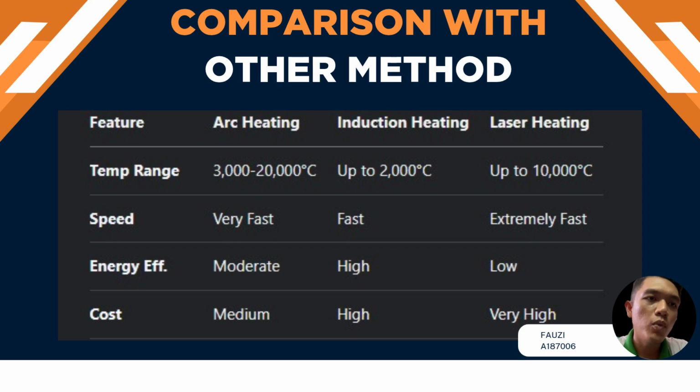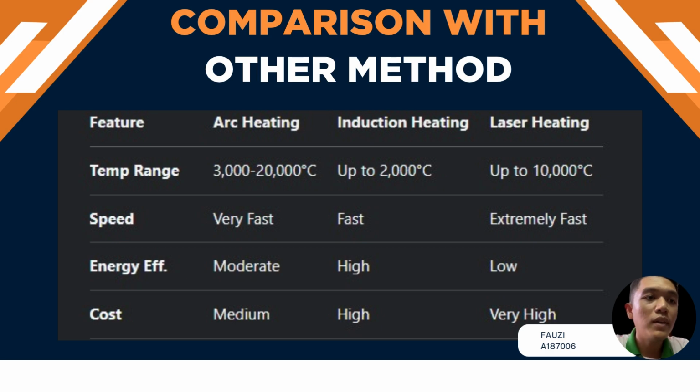Okay, next is the comparison with the other two methods. So now we compare arc heating with induction heating and also laser heating. If we take a look at temperature range, arc heating can reach up to 20,000 degrees Celsius, which is more than induction and also laser heating. Next, speed and also energy efficiency.